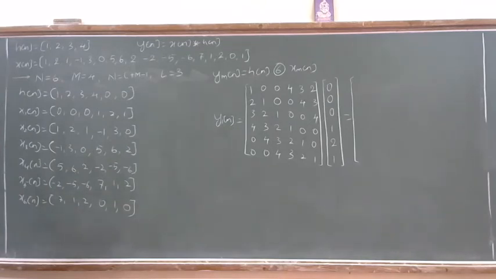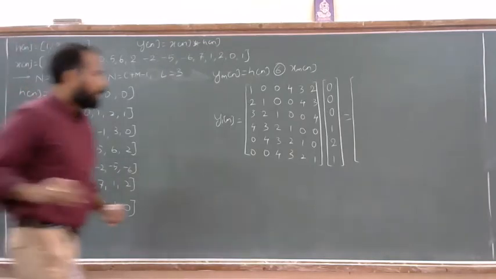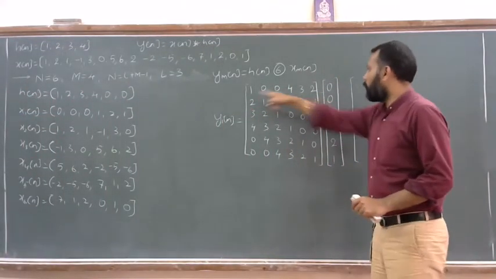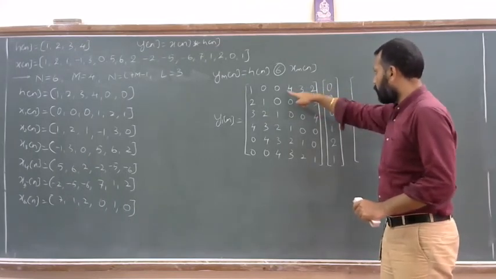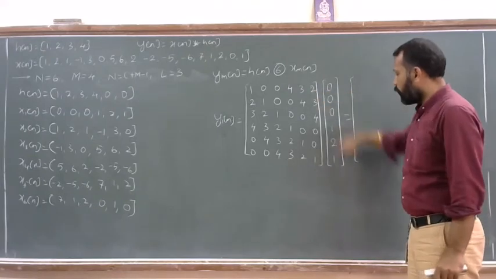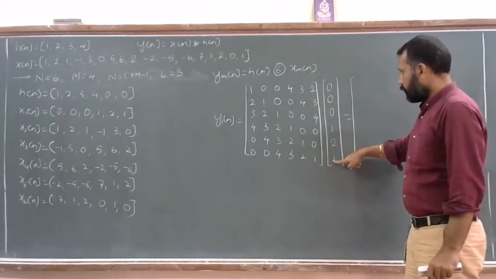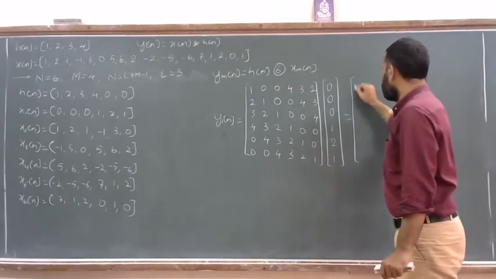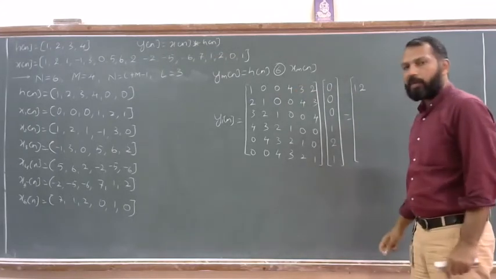Multiply those two and add the corresponding values. First 3 samples are 0, so 1 multiplied with 0 and 0 will be this one. So 4 into 1 plus 3 into 2 plus 2 into 1. So it will be 4 plus 6 plus 2, 12. First sample will be 12.